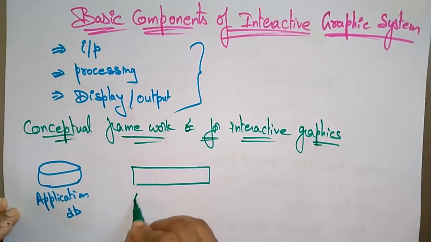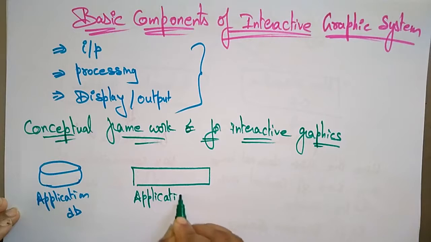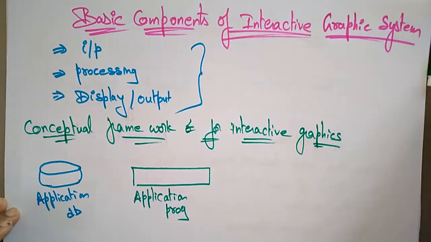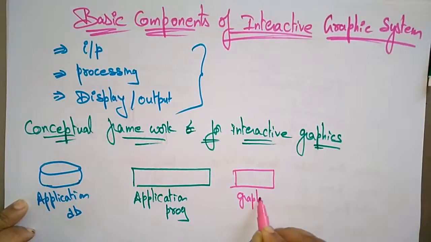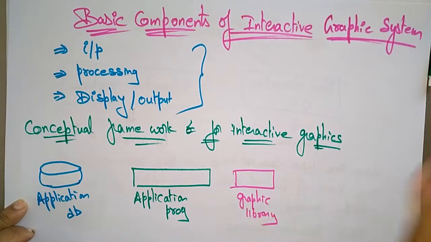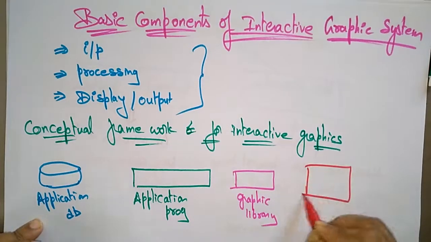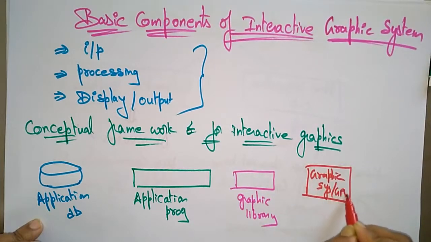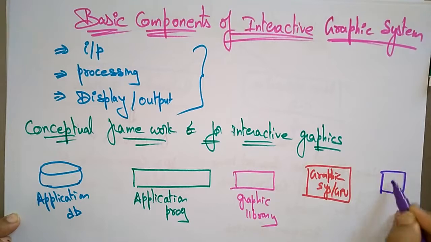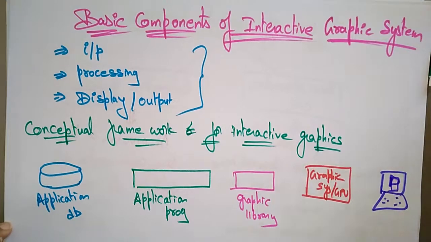Then the graphic library, and another thing is the graphic system, or you can call it a GPU, and the remaining part is the system, that is, the computer.